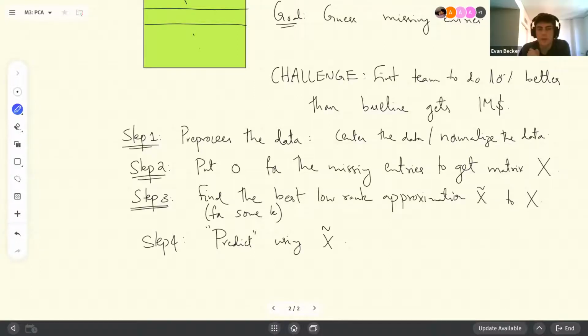Do we have to know, or do we have to assume anything about the way the data is missing before we can go around? Yeah, that's a good question. If you want to theoretically analyze it, there are many ways of formulating it so that you can understand how the missing entries are generated.